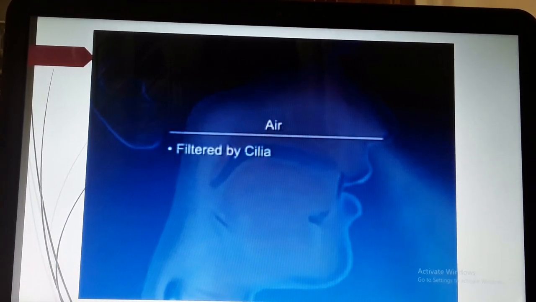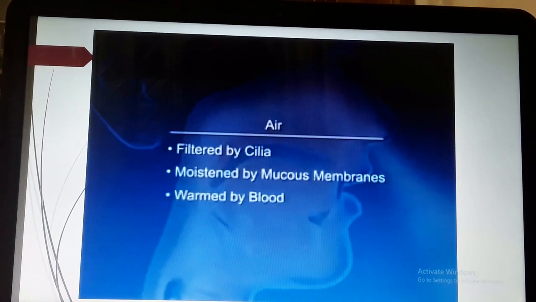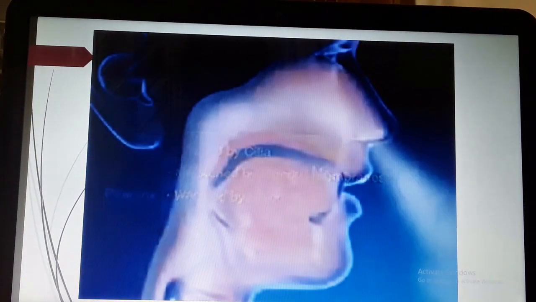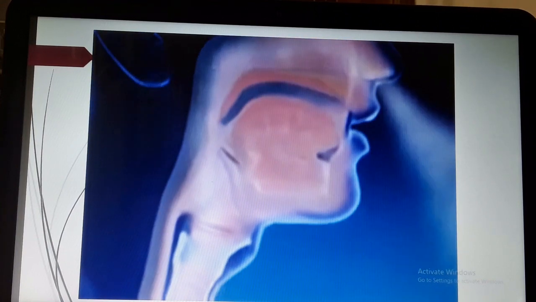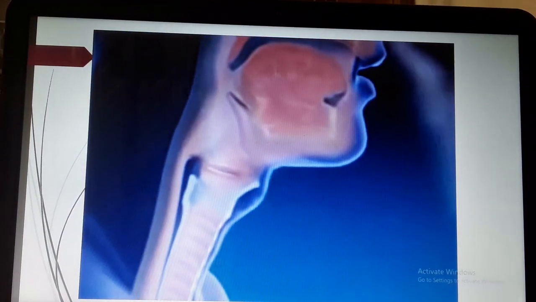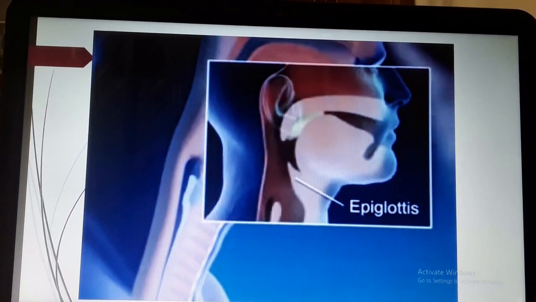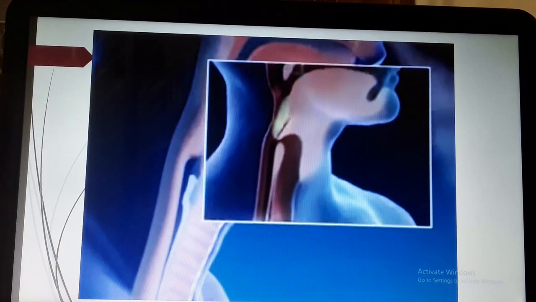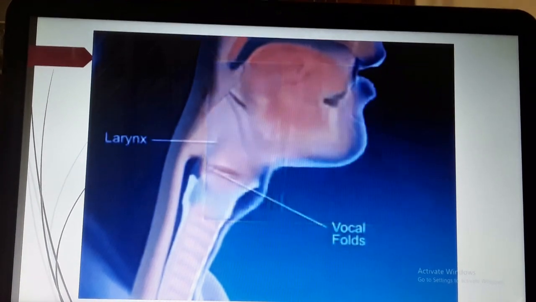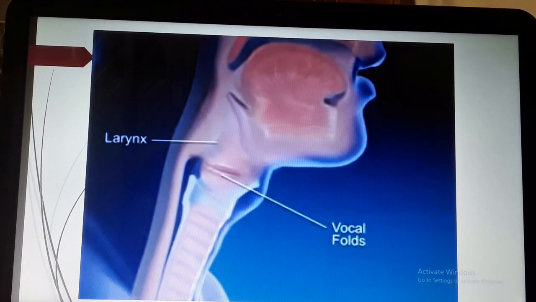What purpose? Air is filtered by the cilia, mucous membrane will moisten it and it is warmed by blood. Now from pharynx it is moving. You can see the windpipe and the foodpipe, both. This is the epiglottis, the valve. If not properly working, it is going to the foodpipe. Okay. This is the vocal folds.